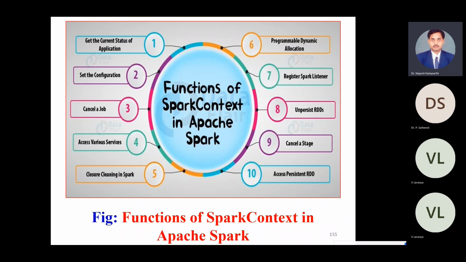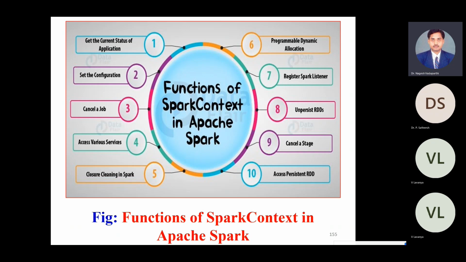A function is nothing but a self-contained block of statements to perform a specific task. In a programming model like map reduce, map is a function, reduce is a function, shuffle is a function, aggregation is a function.